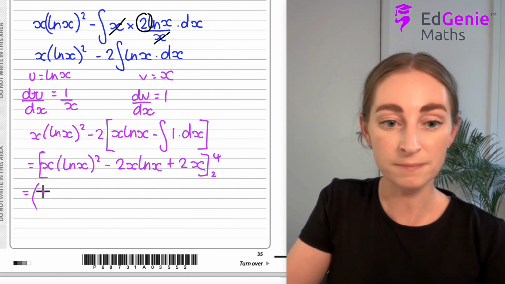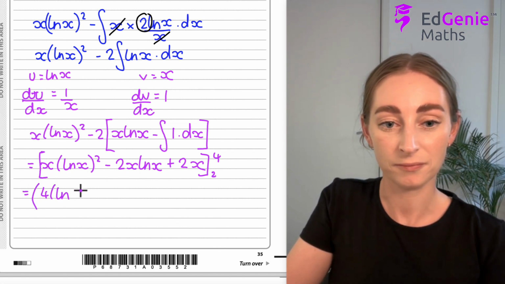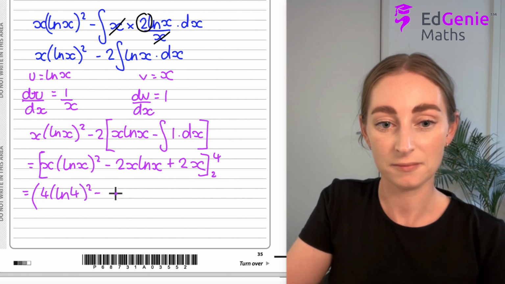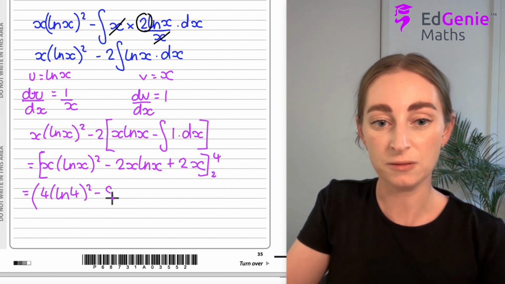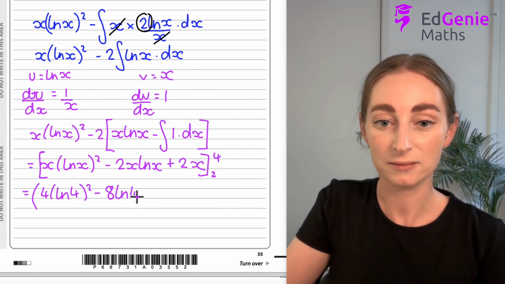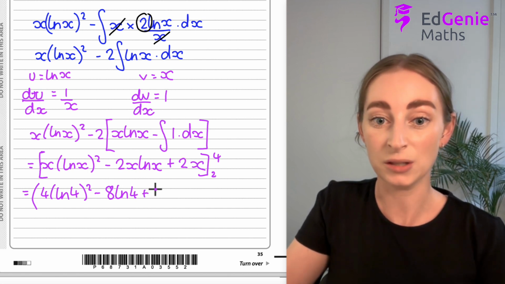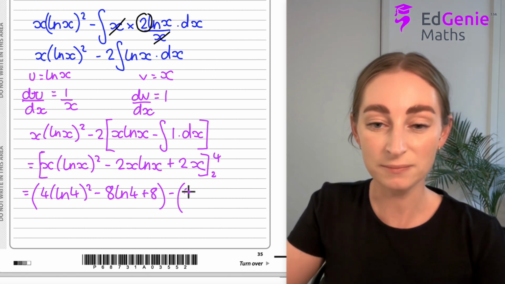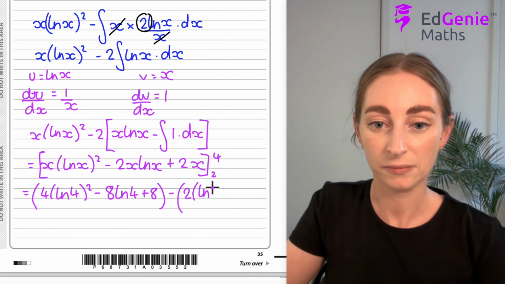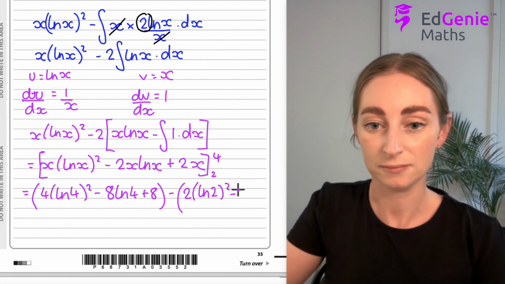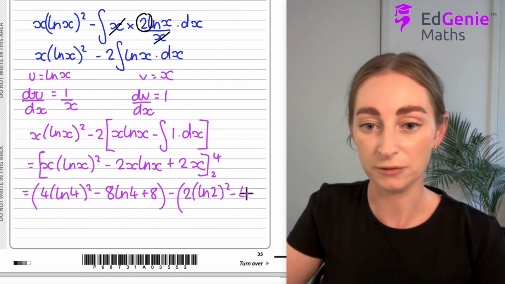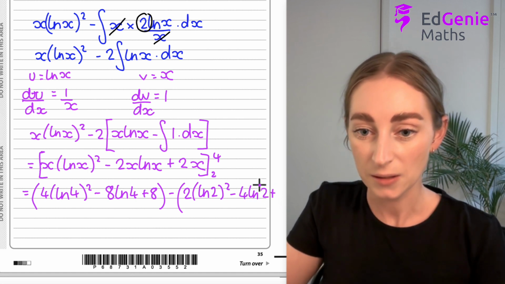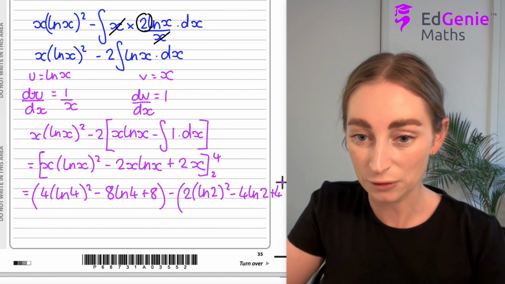Substitute 4 in. Two times 4 is 8. Again, 2 times 4 is 8. Substitute 2 in. 2 times 2 is 4. Oh no, not much space. Plus 2 times 2 is 4.